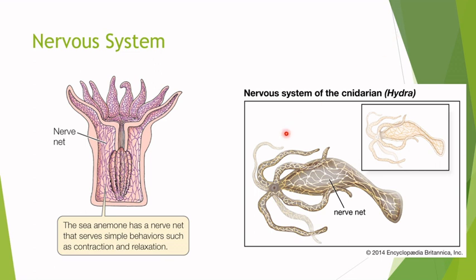The most simple are nerve nets, which are basically nerves all around the body, but they don't really form any type of brain or center where they process the information. The impulses are transmitted in all directions to control and regulate the movement, so the movement is more or less coordinated. It's very typical of the cnidarians.